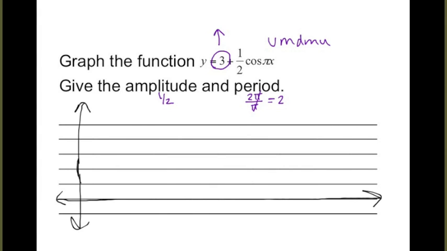And then for our scaling, instead of taking 3 lines of a paper and calling it a pi, we don't care where pi is. The period is just 2.